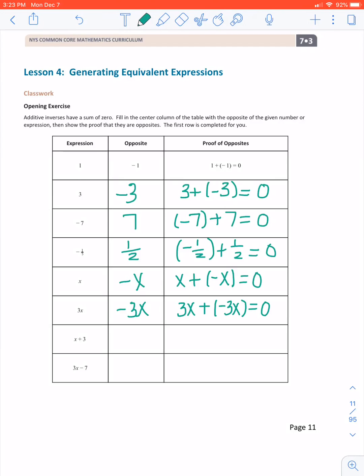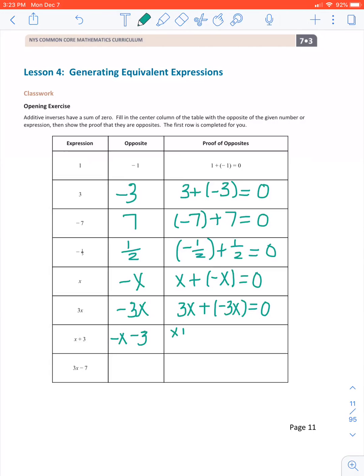Now this one's a little bit tricky. When you take the opposite of x plus 3, you're actually going to take the opposite of everything. So the opposite of x is negative x. The opposite of 3 is negative 3. So it's negative x minus 3. Now watch what happens.